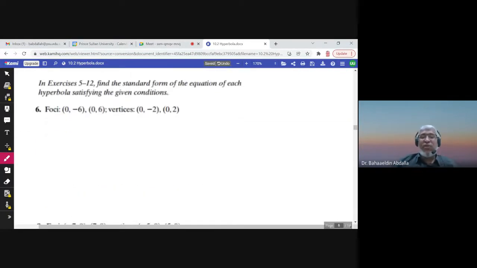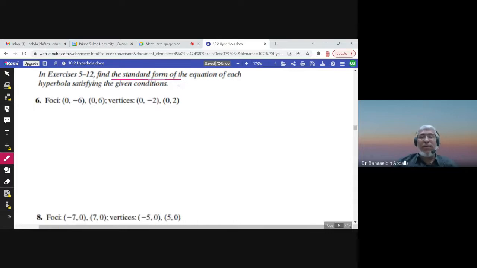Find the standard form of the equation of each hyperbola satisfying the given conditions. I need the equation here. Well, as usual, I'll graph the information. 0, 6 is the focus. So c is 6. And because of 0 and negative 6, the center is 0, 0. The vertices 0, 2.